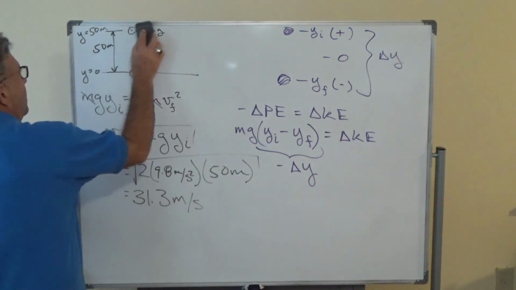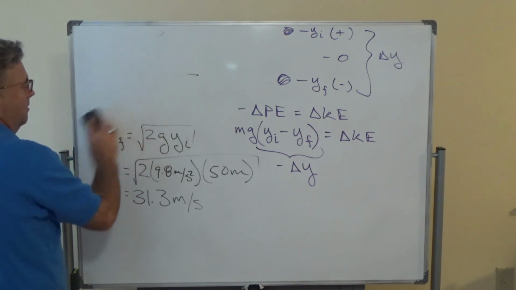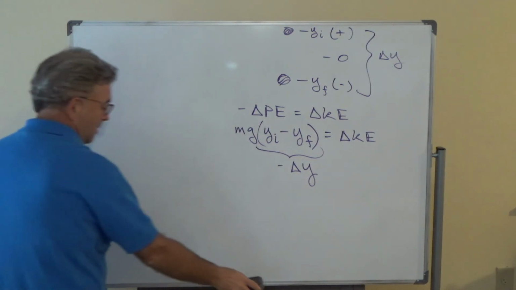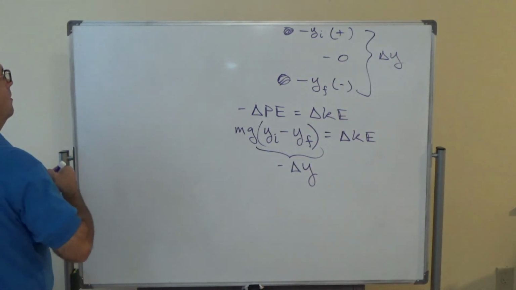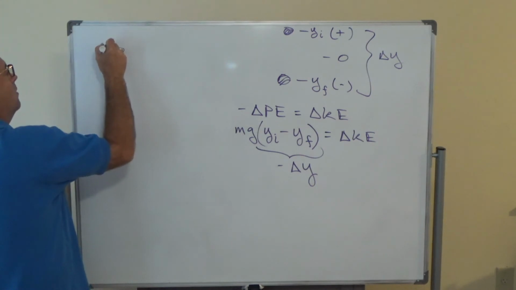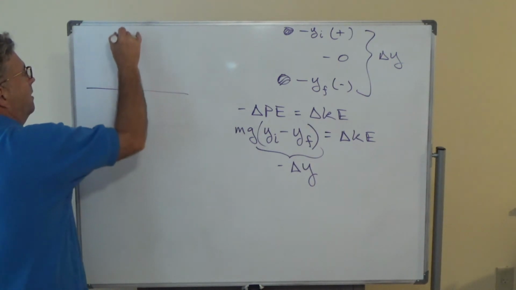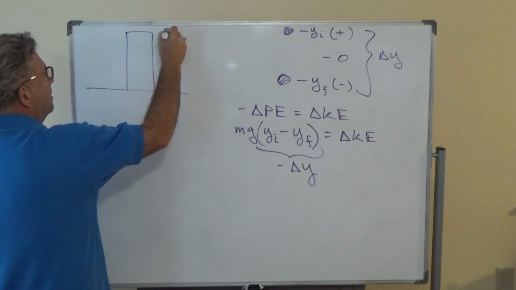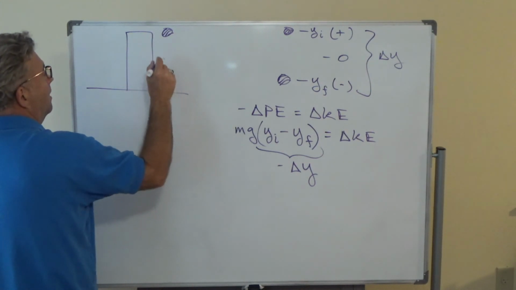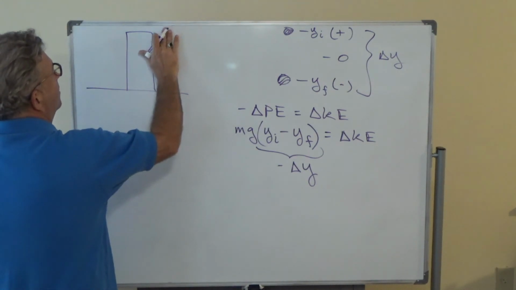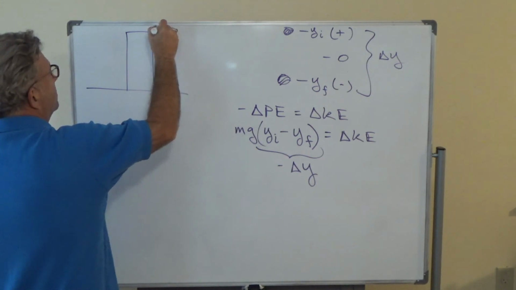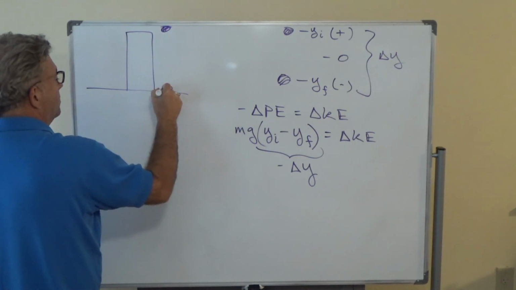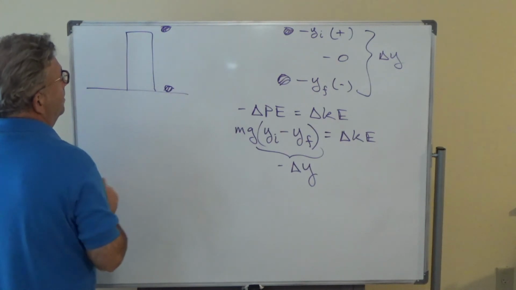So let's look at an example like that. So here's our building again. Doesn't matter what the mass is. Here's some object, and it's falling just before it hits the ground.